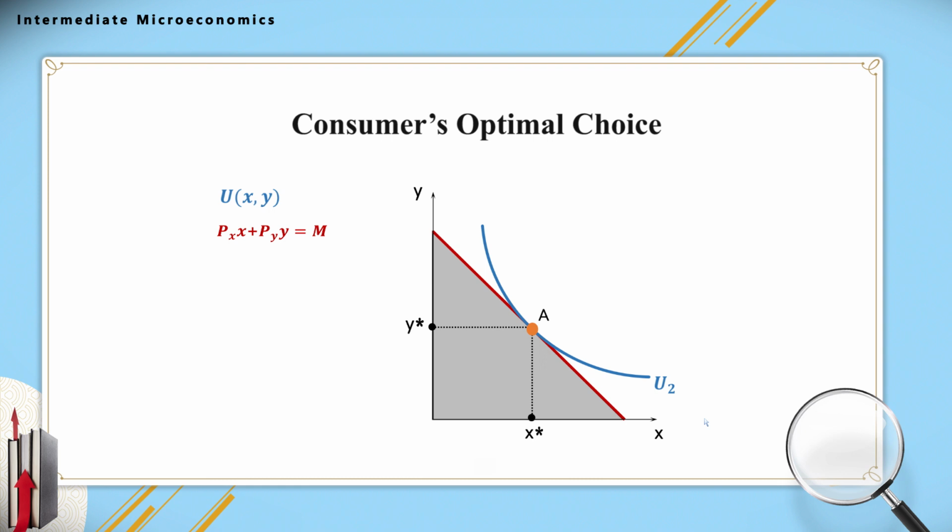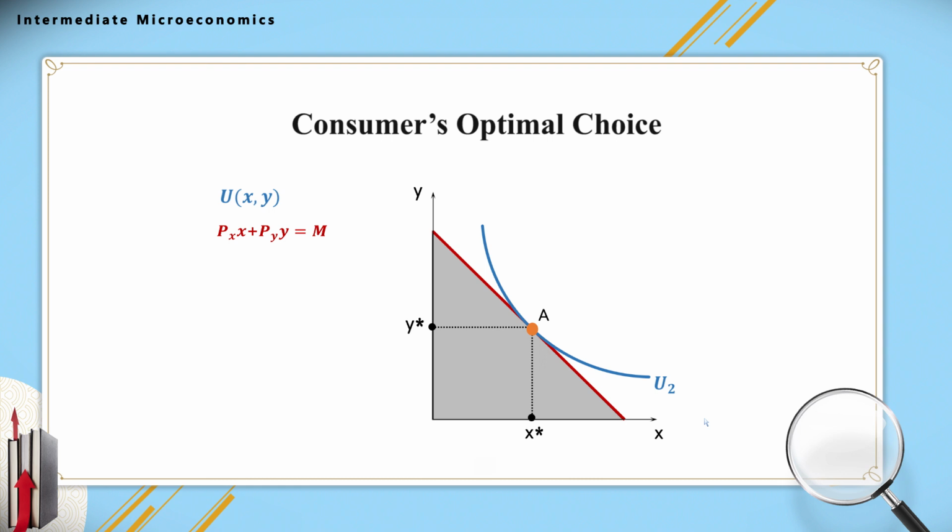So the tangent point of the indifference curve and the budget line is the optimal choice for the consumer given the budget constraint. Two curves being tangent to each other means the slopes of these two curves are equal.